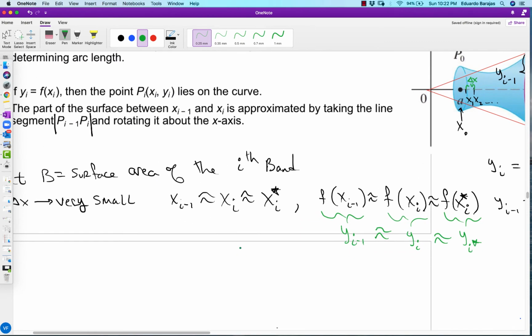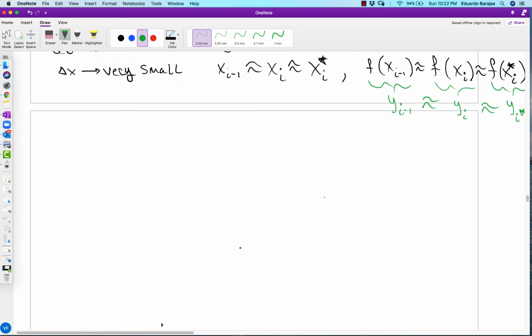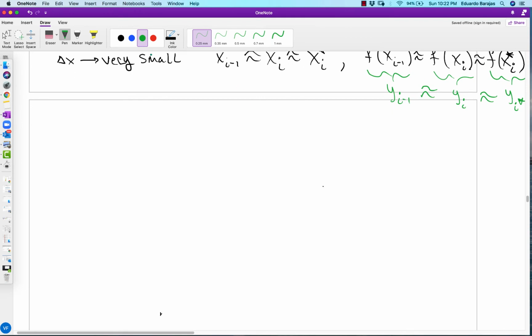Okay, so now let me write down that equation that we just discovered.